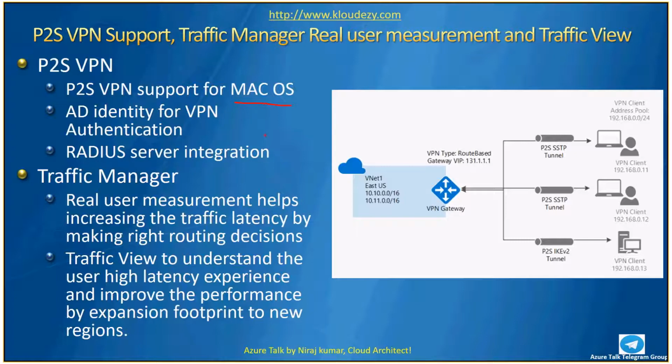If you really want to authenticate your users, you can use Azure AD integrated authentication for VPN. Apart from that, Uday has already talked about the RADIUS server integration. So these are the three feature enhancements introduced for point to site VPN.